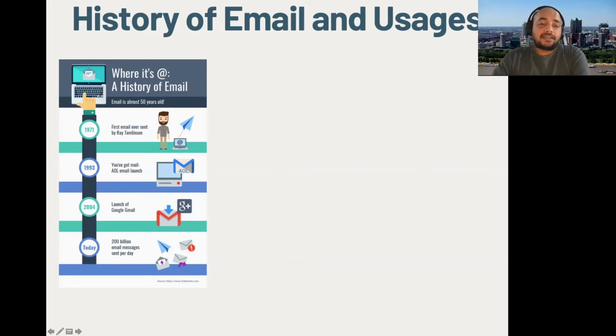Then 13 years after this, you had the 2004 launch of Gmail. So around 16 years ago, Gmail was launched. And in these 16 years, it has grown to around 200 billion email messages sent per day. You can see the power of email communication.